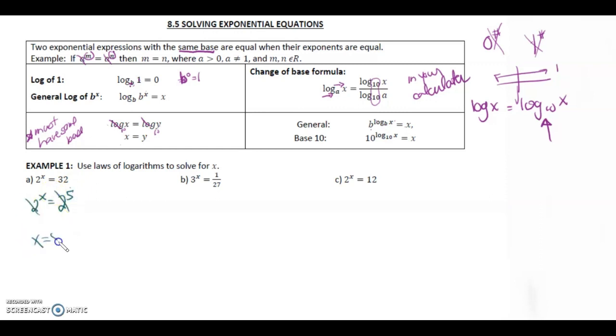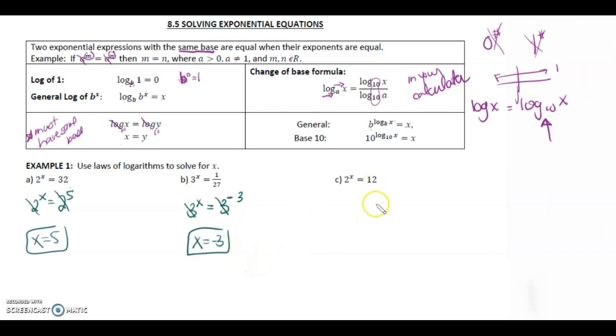And I get x equals 5. For b, same idea. 3 to the x equals 1 over 27. So 3 cubed is 27, so 3 to the negative 3 is going to be 1 over 27. So x equals negative 3.